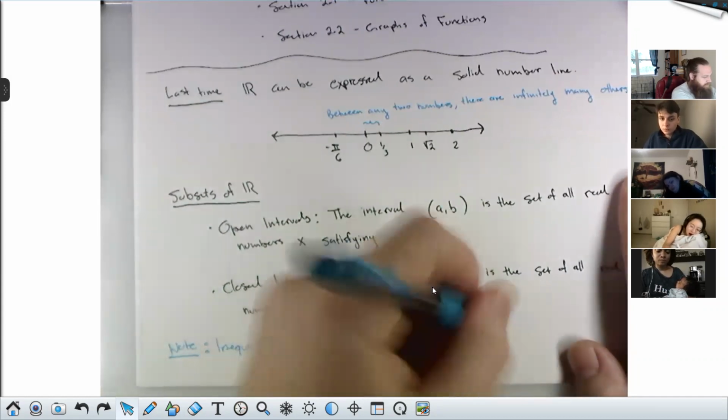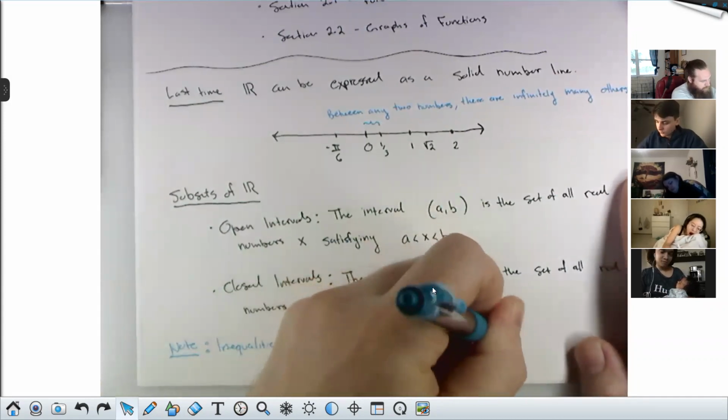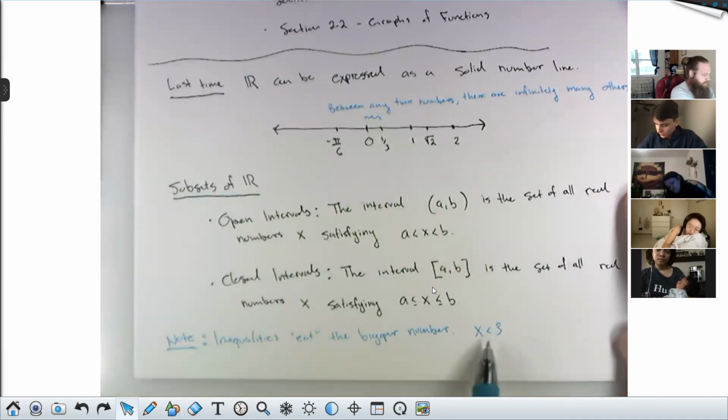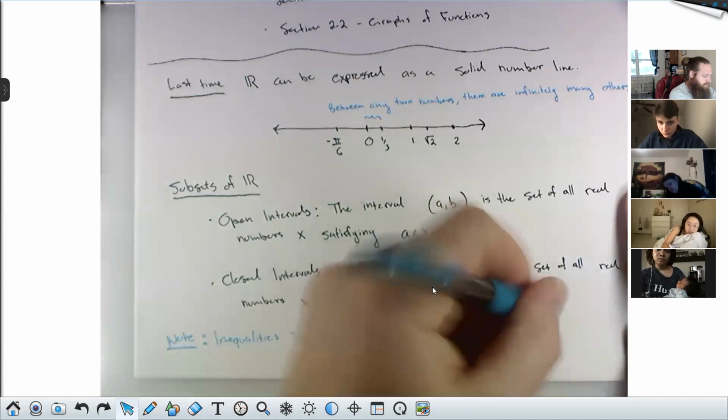So if I say x is less than 3, this is the less than symbol, and it is eating the bigger number. So I'm saying 3 is bigger than x.